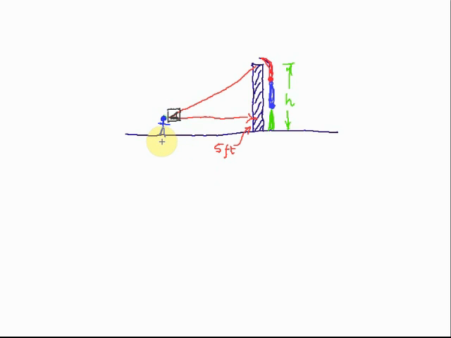Now let's suppose he knows where his eye was at the time he drew this. So in other words, he knows the distance from the wall. Let me just draw those a little bit longer. He knows the distance from his eye to the wall, and let us suppose that that distance was 200 feet.